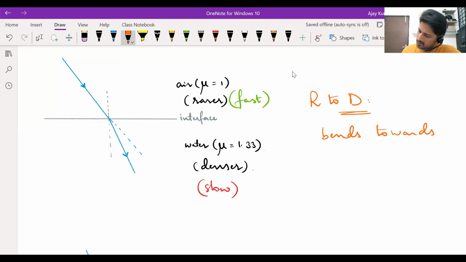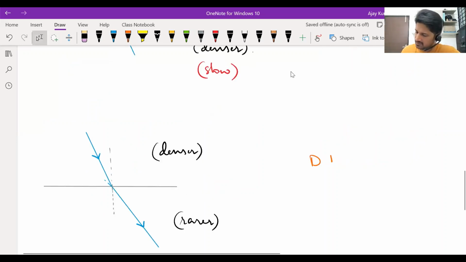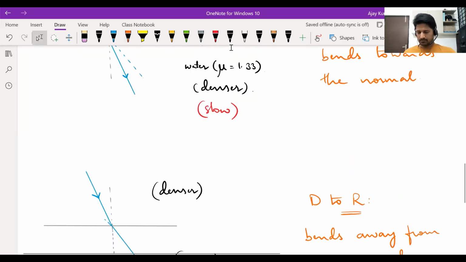See, this is very important because this helps you draw the ray diagrams in case of refraction. And next case, when it goes from a denser medium to a rarer medium, the light ray bends away from the normal. So the ray which enters into the second medium is called the refracted ray.